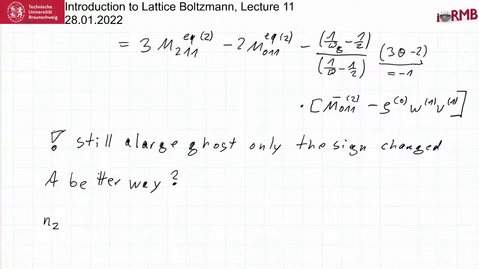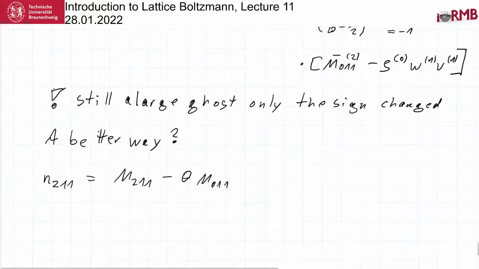So I introduce a new orthogonal moment, which I now call small n, 211. This we specify as M211 minus theta M011.